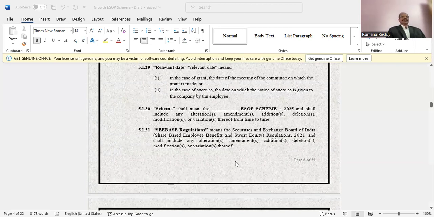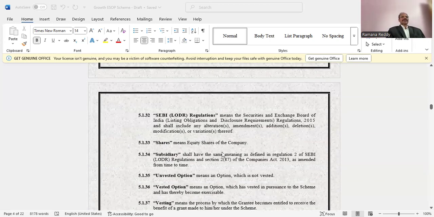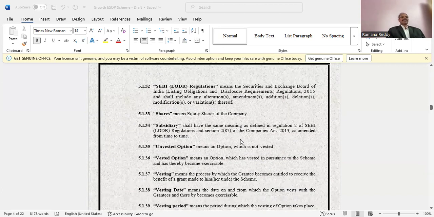SEBI Share-Based Employee Benefit and Sweat Equity Regulations. SEBI LODR Regulations means the Securities and Exchange Board of India Listing Obligations and Disclosure Requirements Regulations 2015, and shall include all alterations, amendments, additions, deletions, modifications and variations.